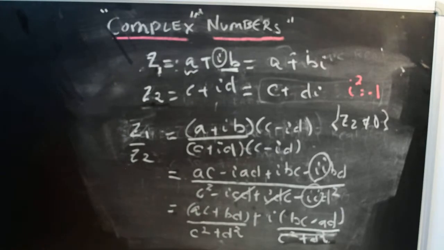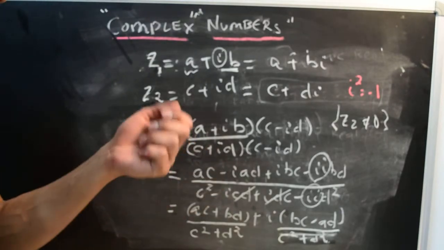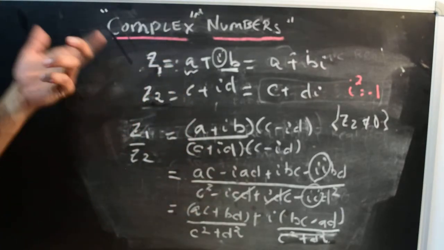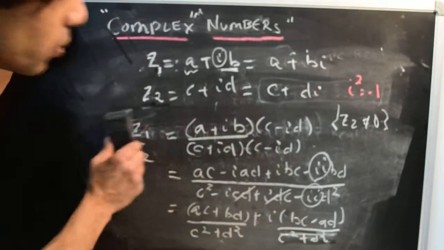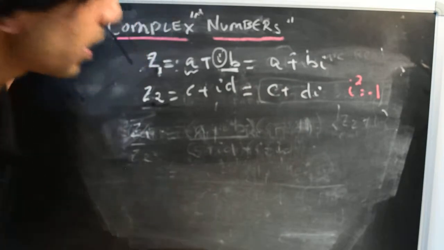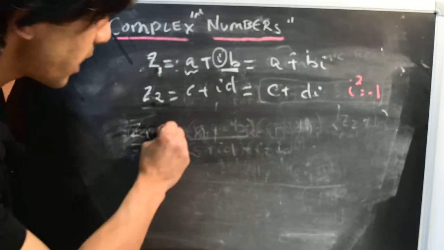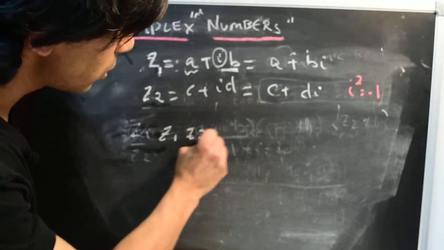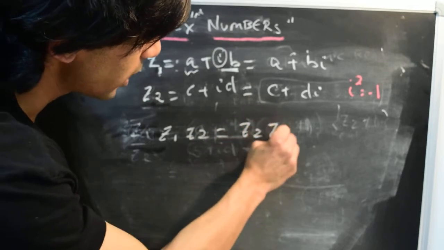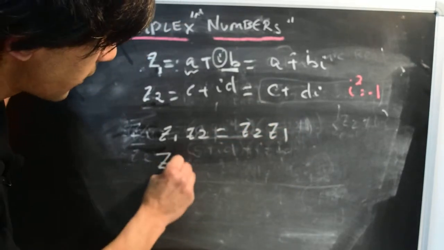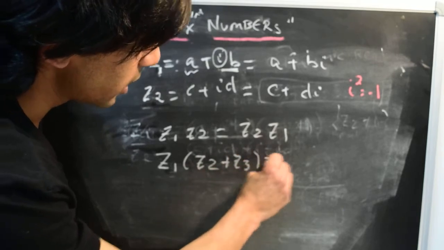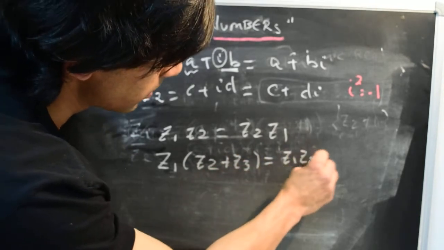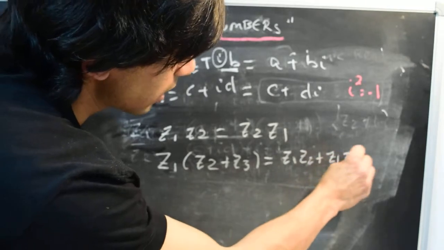So these are the four basic operations. Again, there are two important things to check, which will be a good exercise. So for instance, z1 times z2 is actually equal to z2 times z1, and we can check that an expression of the form z1 times (z2 plus z3) is indeed equal to z1 times z2 plus z1 times z3.